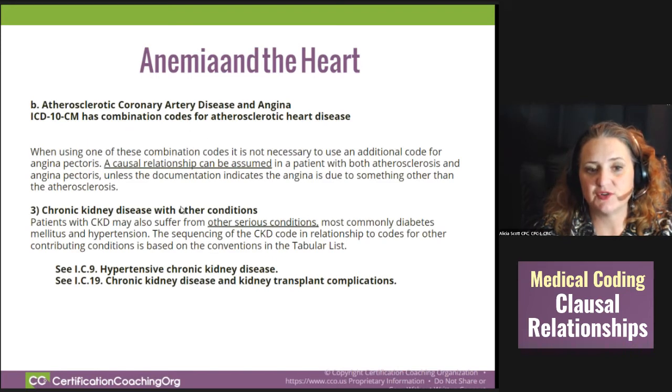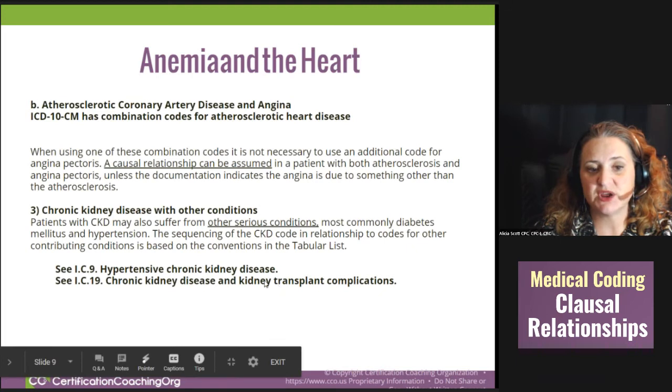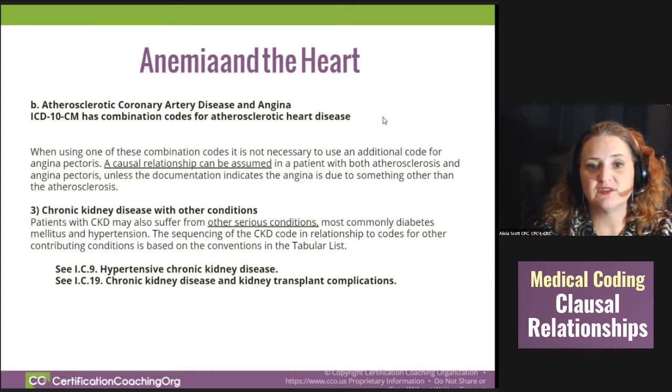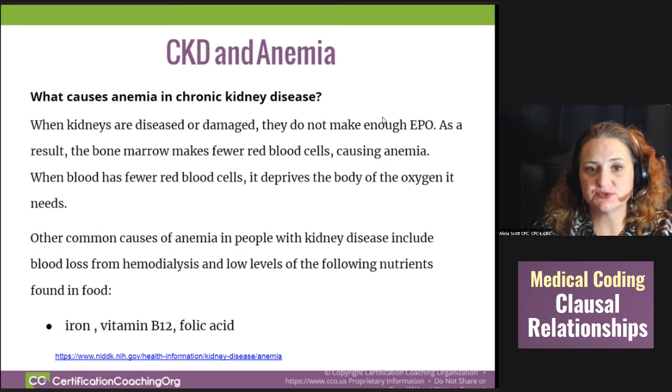Combination codes for these, as well as chronic kidney disease, you're going to have hypertension and chronic kidney disease and transplant. Look for more information and guidelines under that, okay? So again, this is telling you just be aware of these causal relationships.